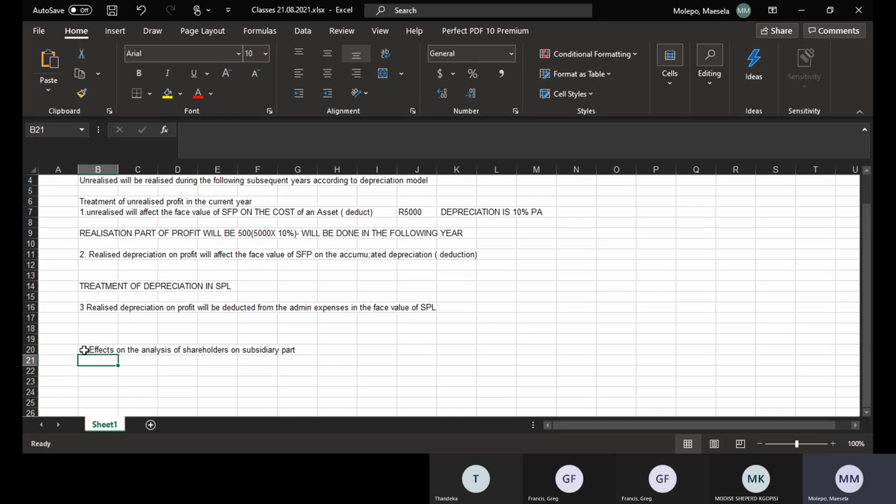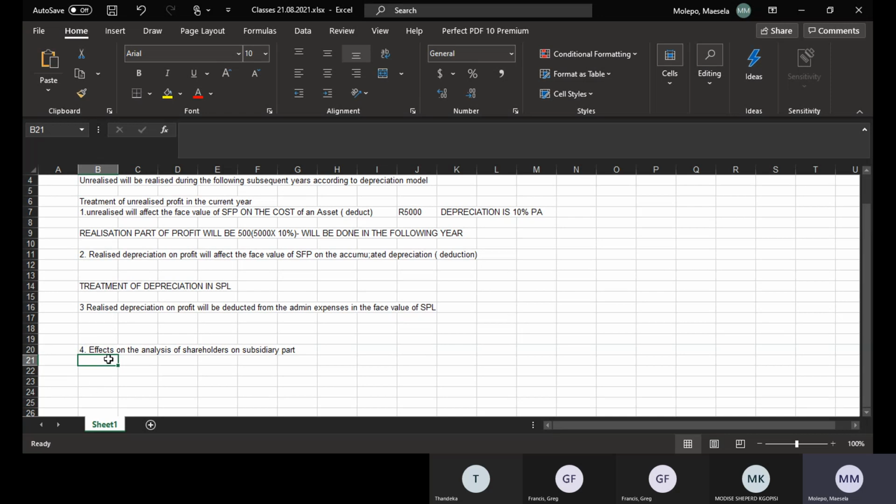But when we'll be doing the 2021 financial year, that 500, which was unrealized profit last year, is now gonna be added back on our statement of profit and loss in our profit, and then we deduct the one for the current year because it will be the unrealized profit, not yet accounted for the following year.